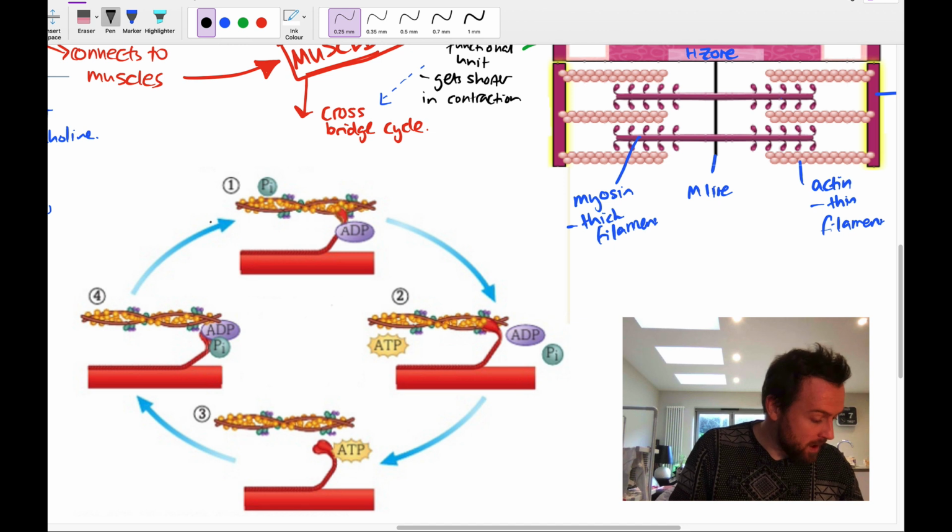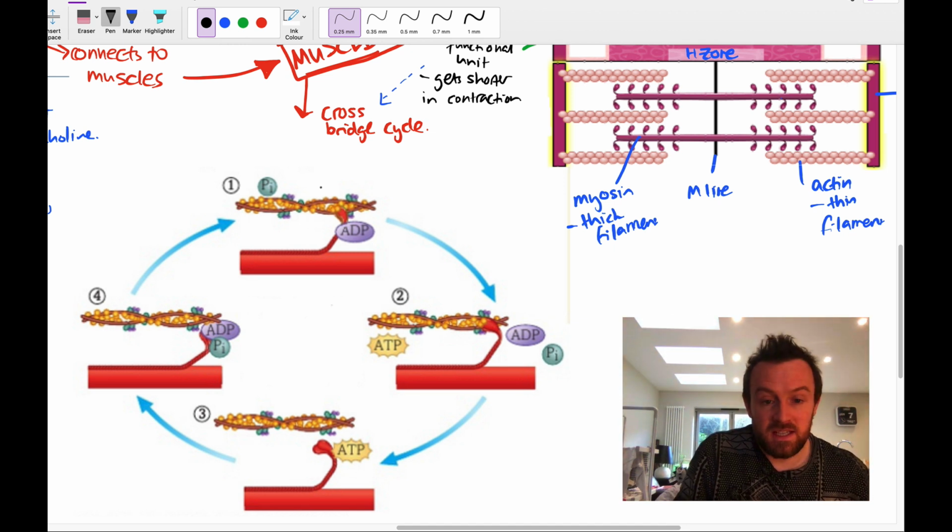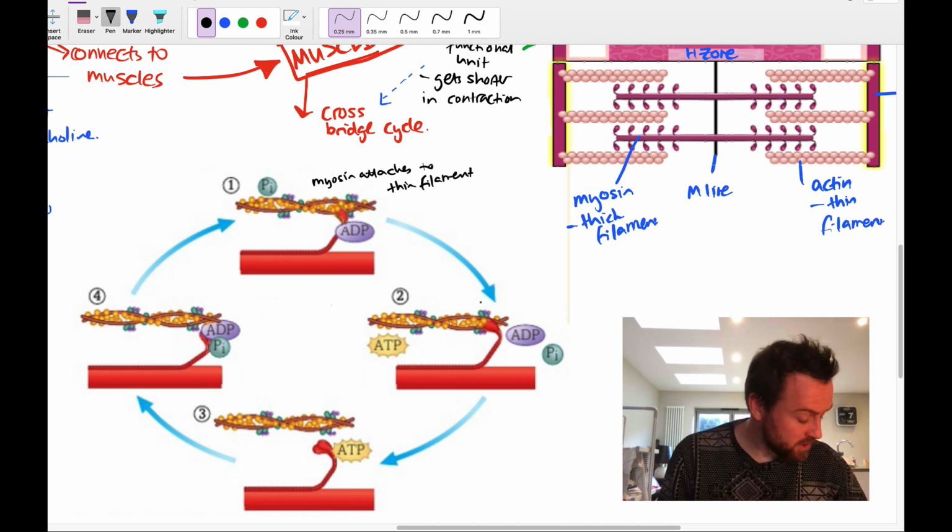So first of all, at point 1, myosin attaches to the thin filament. And then at point 2, we get the power stroke.